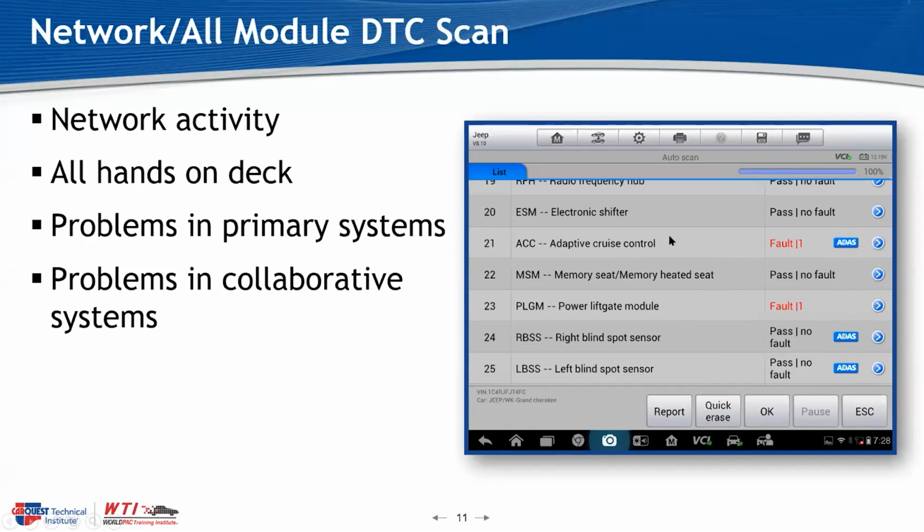So is there any way that the blind spot sensors could have any kind of bearing on the adaptive cruise control or vice versa? And if we read service info, depending upon vehicle, the answer could be yes, it could be no, depending upon what you find in service info. But based on practical application, what we found is that most likely you can have some kind of effect.